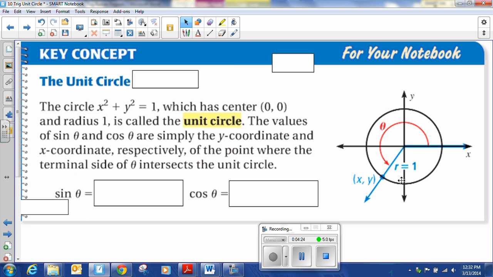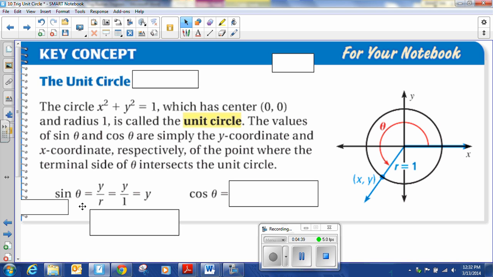When we have, say, opposite over hypotenuse, whatever the opposite length is for sine, it'll be y divided by 1. And y divided by 1 is just y. That's why the sine of theta is simply the y-coordinate, and the cosine of theta is simply the x-coordinate.